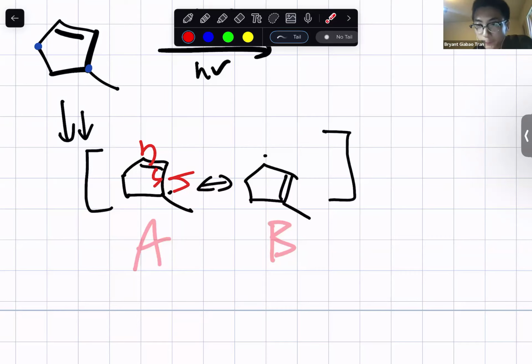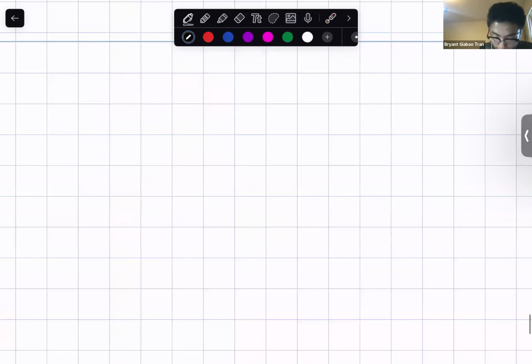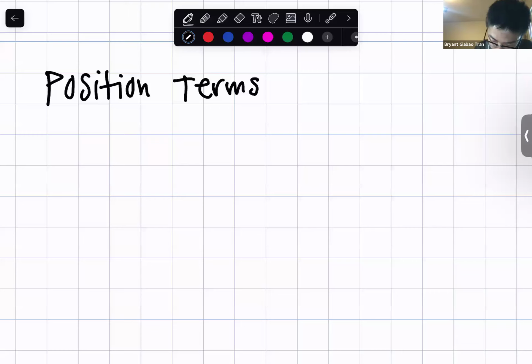Yeah, so let me go over that again, the definition of allylic and the position terms, right? It's just like a terminology vocab thing. Let's say we have this alkene right here.